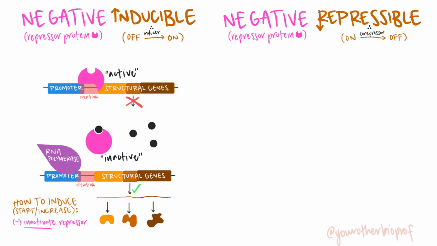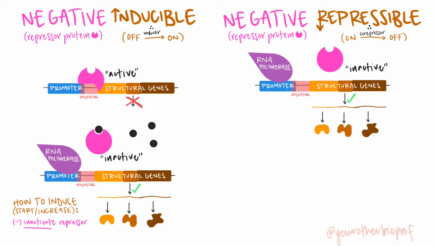Now, in a negative repressible system, our regulatory protein is still a repressor because it's negative. That part doesn't change. But a repressible operon, think about it as being normally on until we add the effector. That means without effector, which we call a co-repressor in a repressible system, the repressor is inactive.